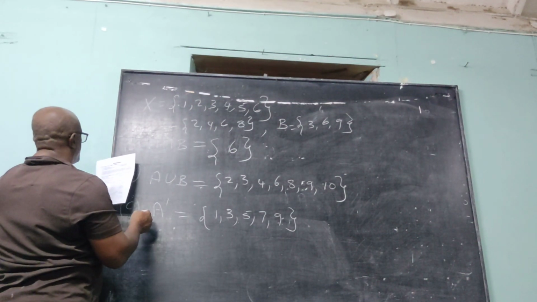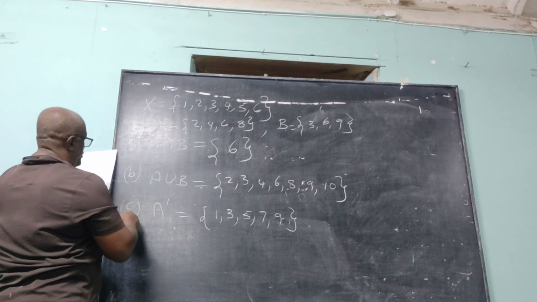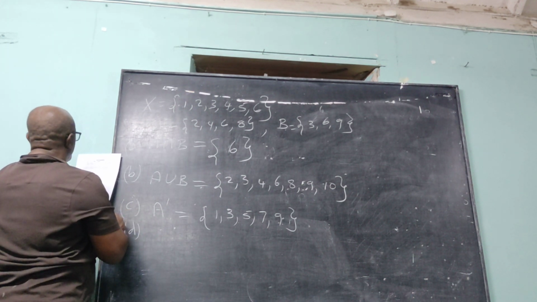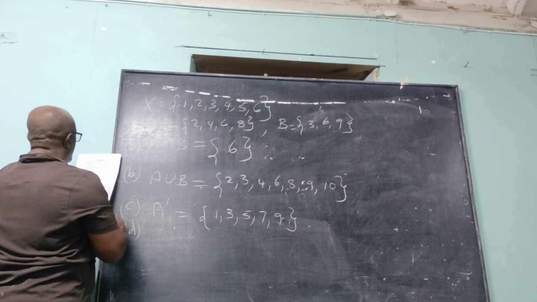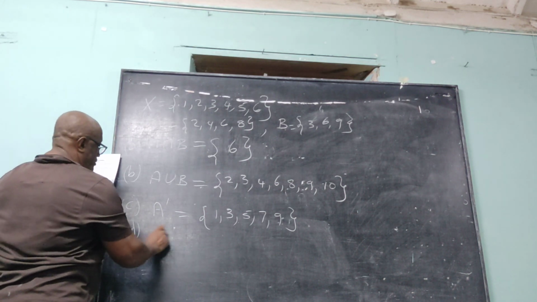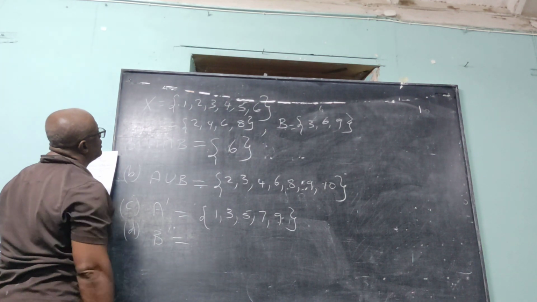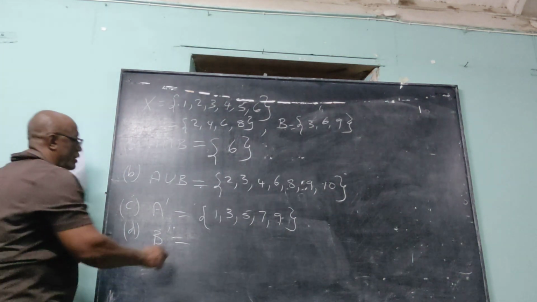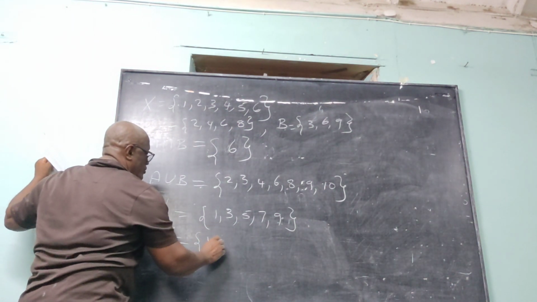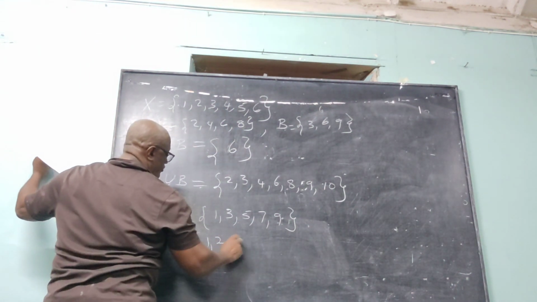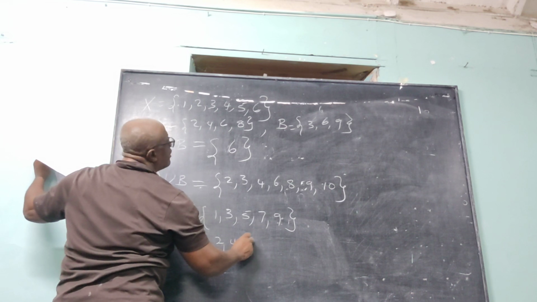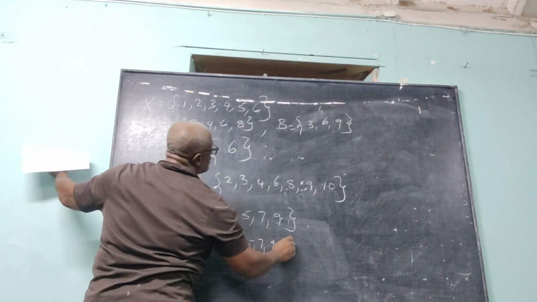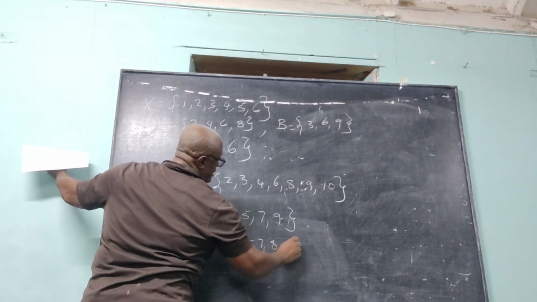D asks for what? B complement. 1, 2, 4, 5, 7, 8, and 10, right?